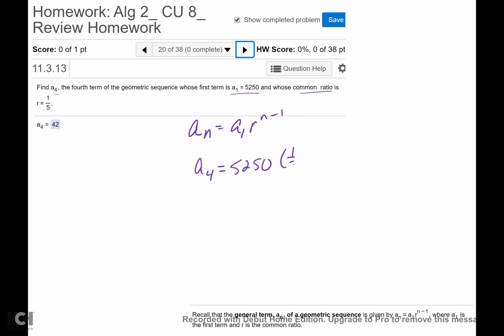The common ratio is 1/5 to the 4 minus 1. So that's going to be 5250 times 1/5 to the third. If you type 1 divided by 5, enter, caret 3, enter, times 5250, enter, you get 42.